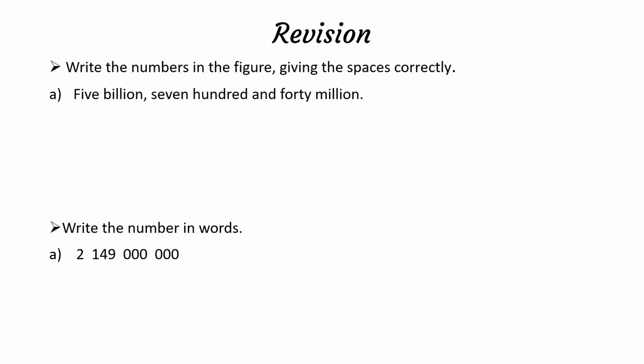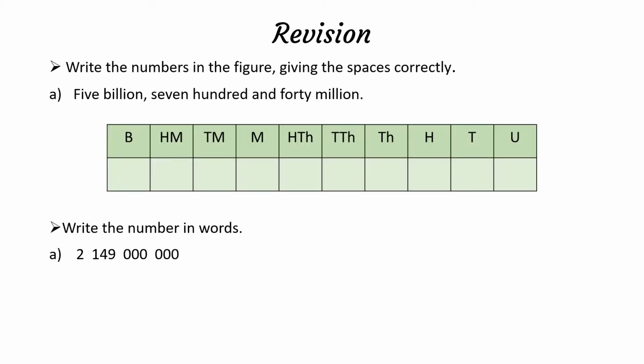So whenever you have to write a number in words or in figures, the first step is to make the place value table. Okay, so I have made the place value table here. Now it's 5 billion, so we'll write 5 under the billion column here.